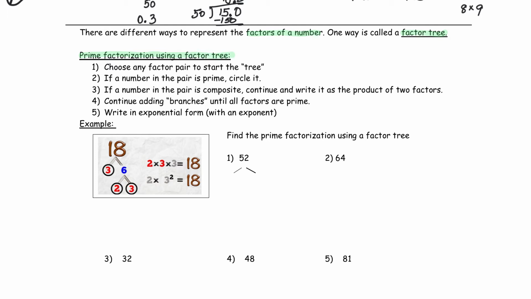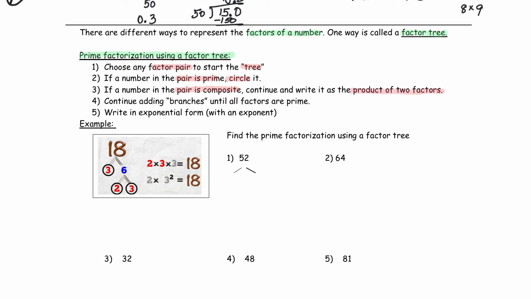So step 1 says the following. You're going to choose any factor pair to start what we call the tree. Number 2 says if a number in the pair is prime, circle it. 3, if a number in the pair is composite, continue and write it as the product of 2 factors.